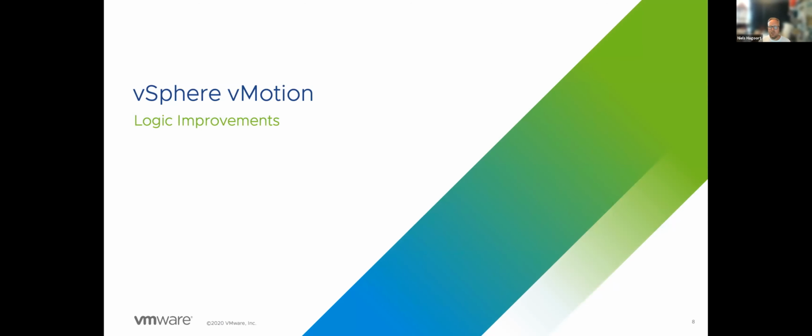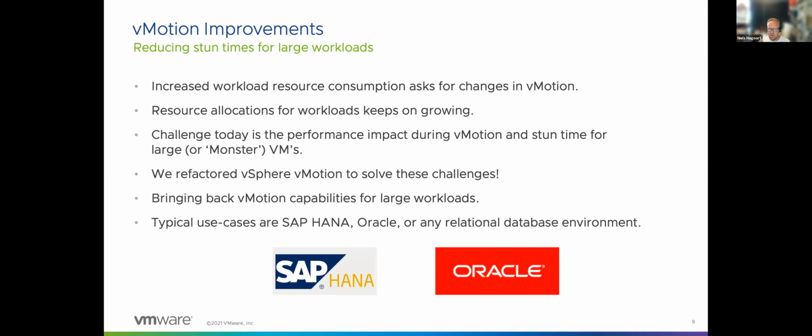The logic improvements are by far the greatest improvement that we did. And like with DRS, our beloved Distributed Resource Scheduler, what we have seen is that data centers or infrastructures are changing, right? And there's no exception with vSphere infrastructures. There are a lot of types of workloads nowadays.